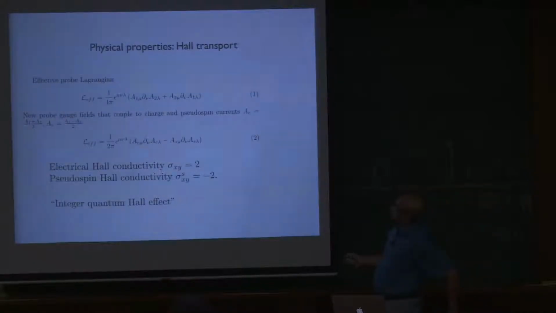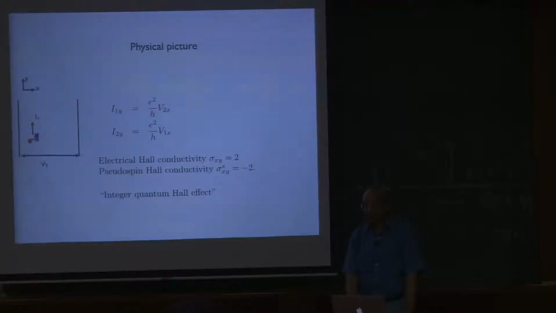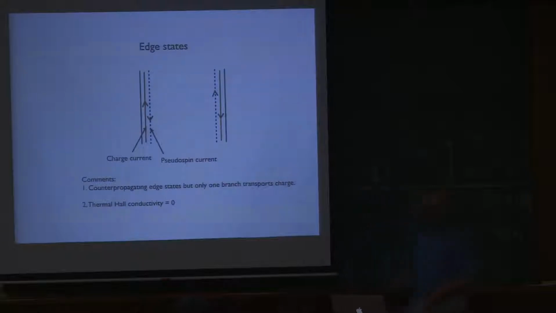From the point of view of the Chern-Simons theory, the central charge is of opposite sign, so there's no chiral central charge here. Parity conservation, I mean, you could flip the two. Yeah, we'll see that it's not parity conserving because of the symmetry. So the interesting thing is that there are counter-propagating edge states.